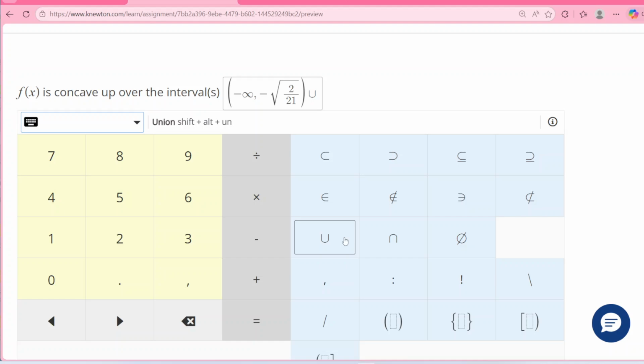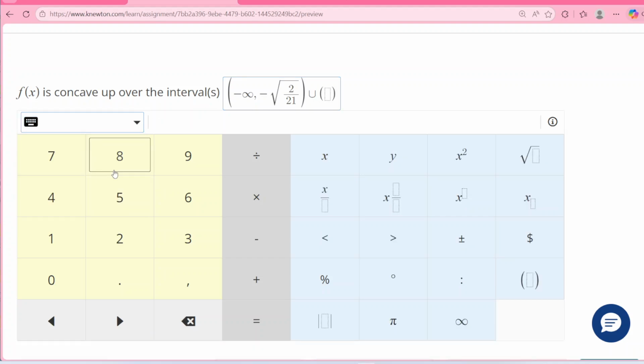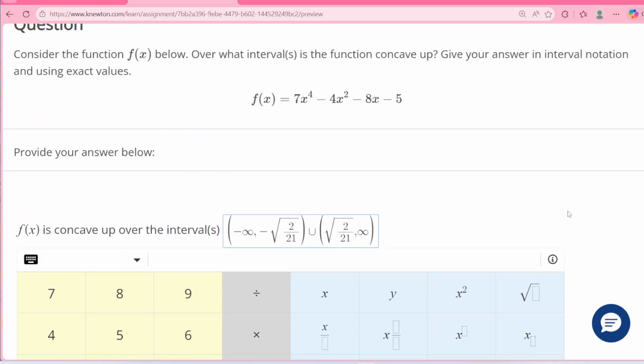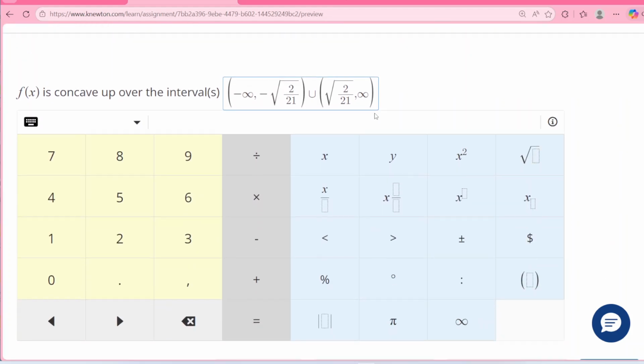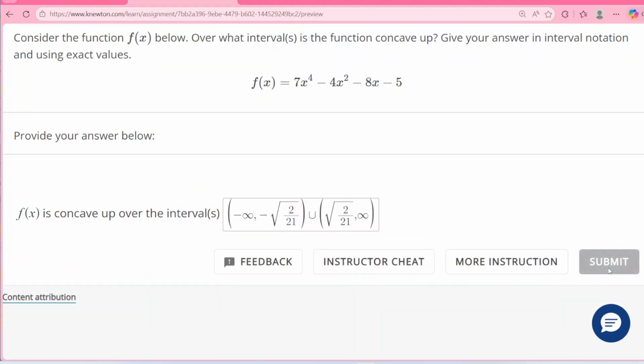And then from positive square root of 2/21, I'm back to the basic keyboard for the square root here. And positive square root of 2/21 to infinity. And that should be good. I think they just said interval notation, right? No commas, so I need the union symbol here.